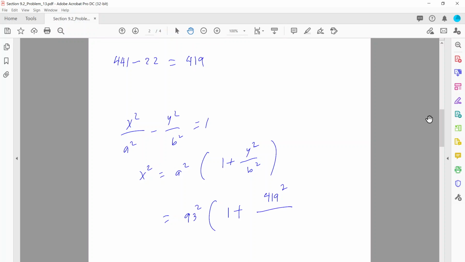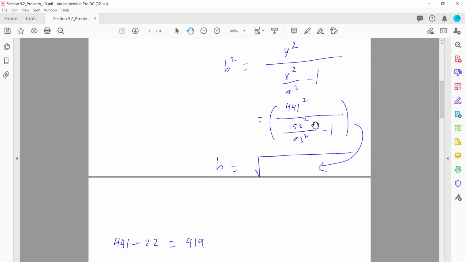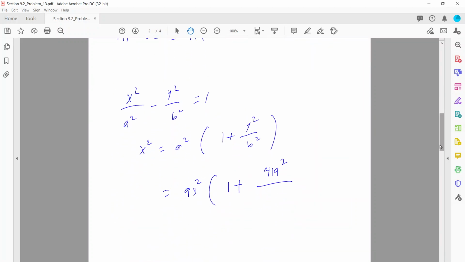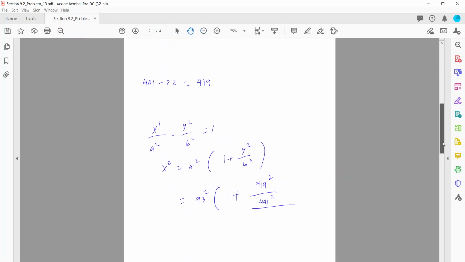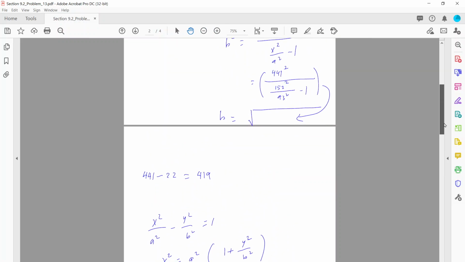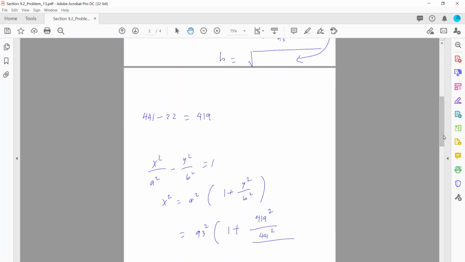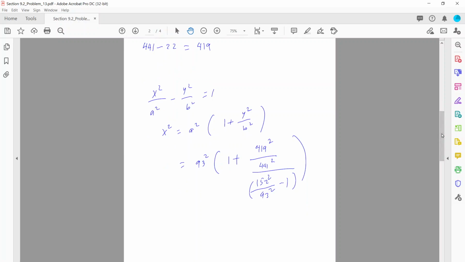And b square is coming from this value here, 441 square over 152 square 93 square minus 1. So that will give us x square. If you want to find x, you just have to take the square root of this value.